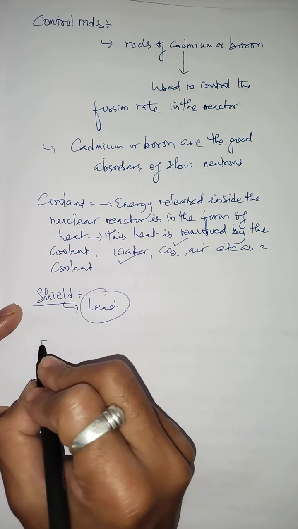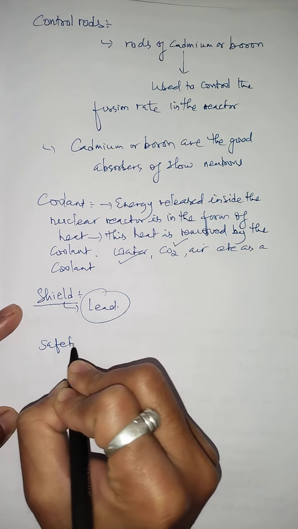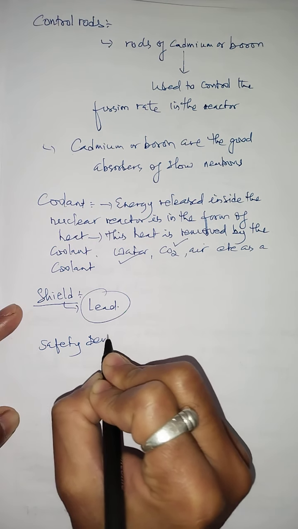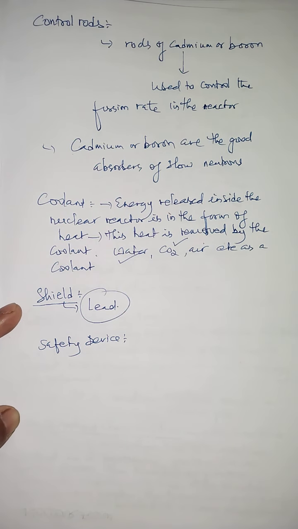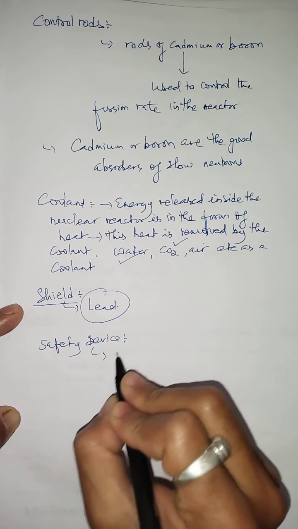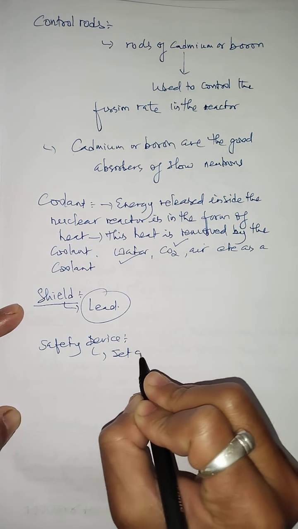Now we have the last one, that is called safety device. So another one is called safety device. The safety device is used in case of an accident or some other emergency. It is a special set of control rods. Special set of what rods?